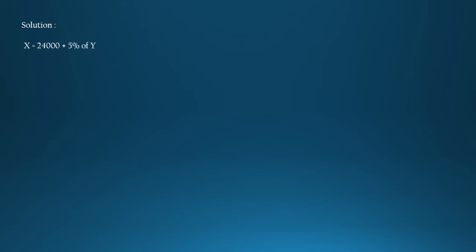First of all, we will create two equations. First equation is x equals 24,000 plus 5% of y, and second equation is y equals 20,000 plus 15% of x.